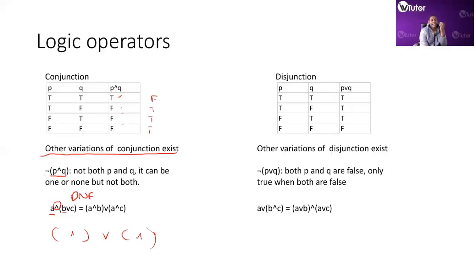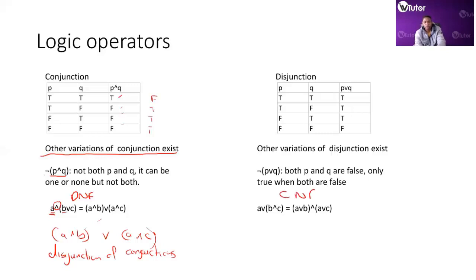So it is a disjunction of conjunctions. A and B or C, you're going to have A and B, or A and C.